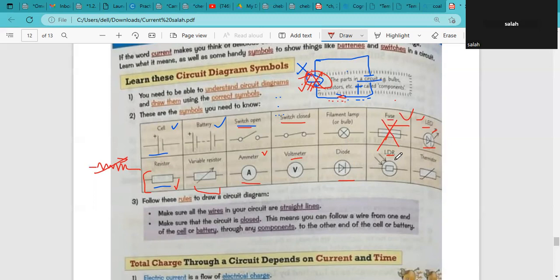I don't know this one. Have you seen street lights? Street lights have LDR in them, light dependent resistors. Have you seen any man who switches the street light on and off?